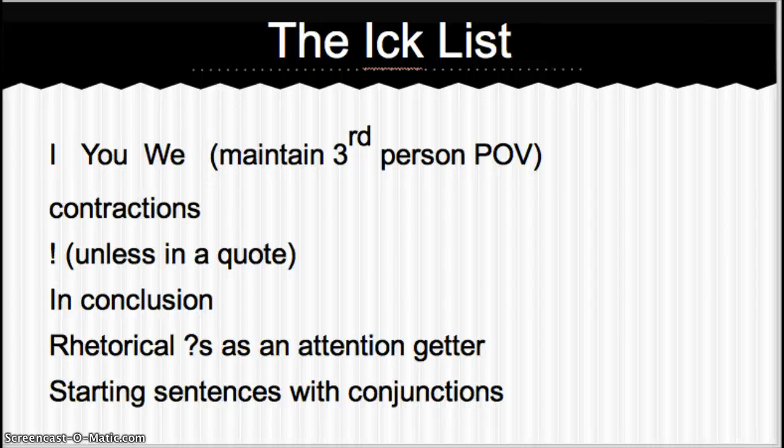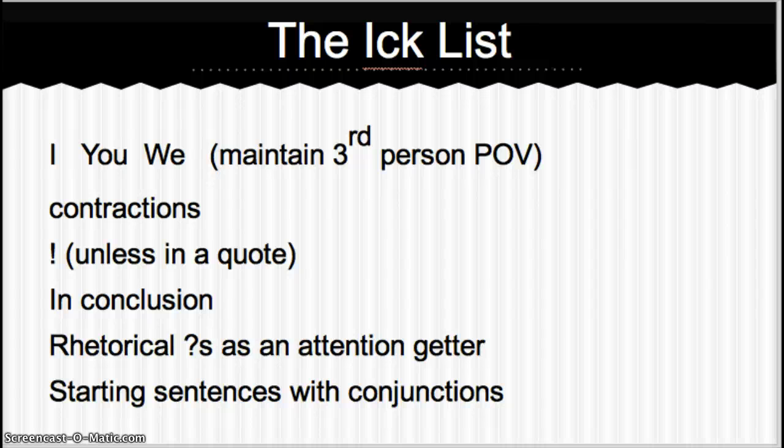If you are utilizing an exclamation point, that should be in a direct quote. Do not litter your paper with exclamation points in an attempt to show emotion. Use your language to show that emotion instead. When it comes to your conclusion, rather than writing in conclusion, utilize stronger transitions to signal that you're at the end of your essay.